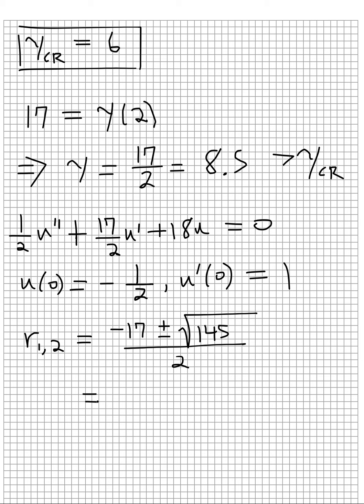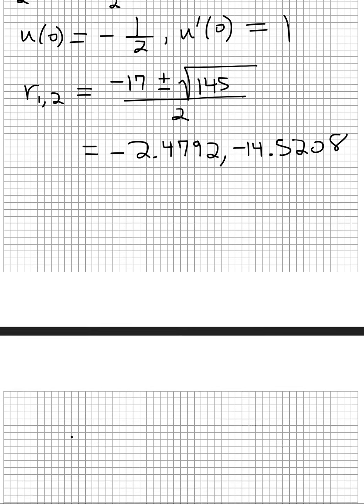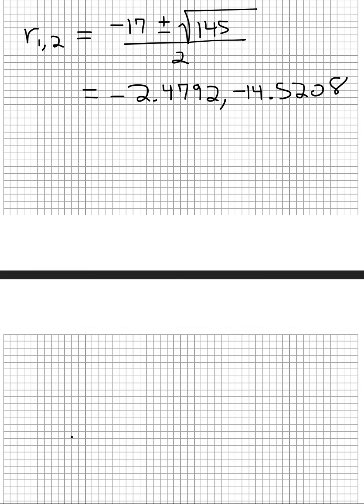And this is going to equal negative 2.4792, and another root, which is negative 14.5208. Okay, so we have those two roots. So in this case, it will be easier to just convert the decimals and go that route as we did before. But note that as we predicted, we got two real, distinct, and negative roots.